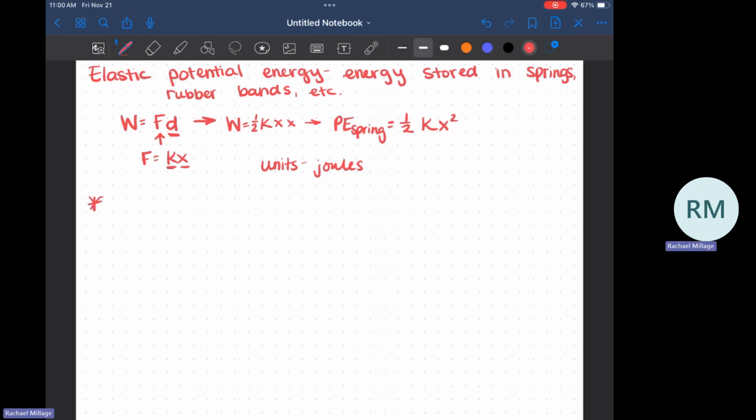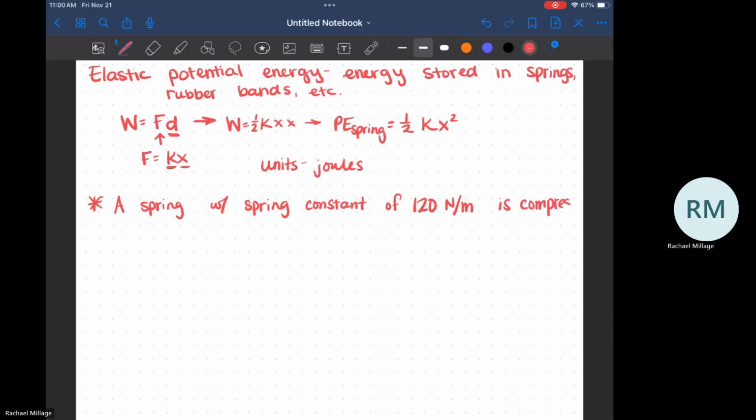So let's do another example. We have a spring with a spring constant of 120 newtons per meter is compressed by 2.3 centimeters.